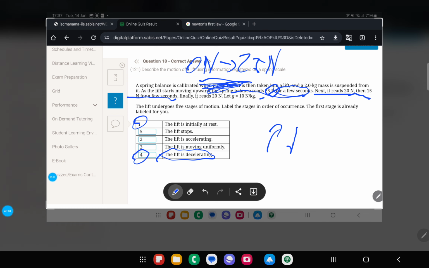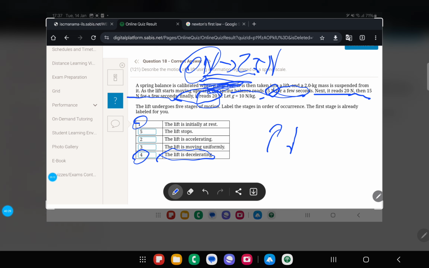And then for the last one, the lift stops. Finally, it reaches 20 Newton. You got it? So at the end, it stops at that force. So yeah, that's it. So let's recap. It's initially at rest, then it accelerates going from 0 Newton to 25 Newton.